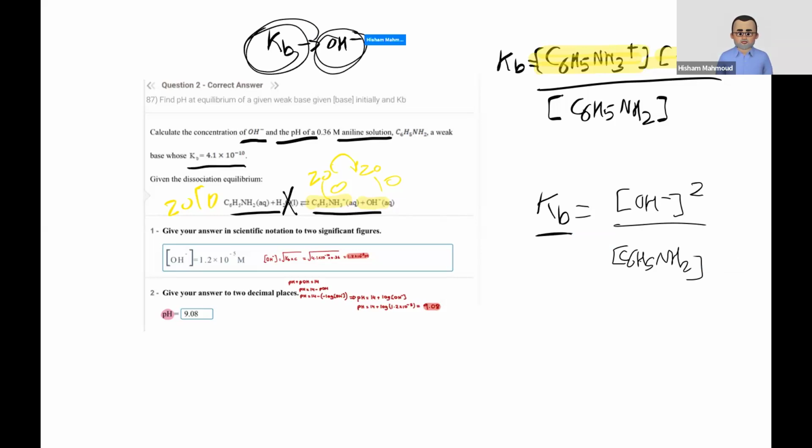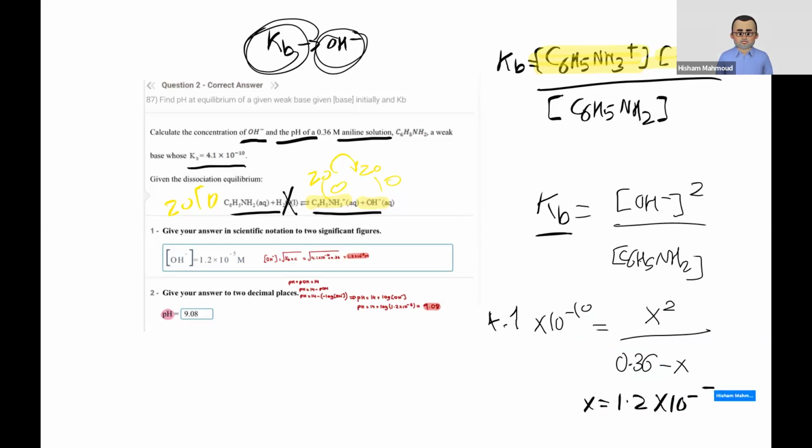So I have the Kb, that's equal to 4.1 multiplied by 10 to the power of -10. And that's equal to x, which is unknown, squared, divided by the initial concentration, which is 0.36 minus x. So finding x will give me 1.2 multiplied by 10 to the power of -5, and this is equal to the OH- concentration.